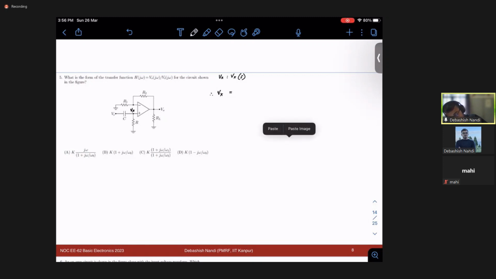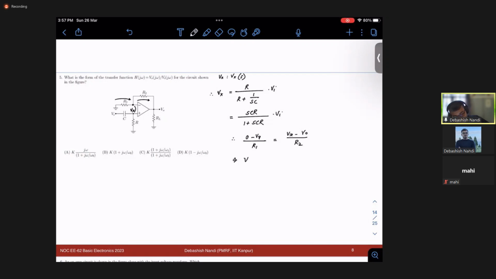So your Vx is nothing but R over R plus 1 by SC into Vi, right? So this is nothing but SCR over 1 plus SCR into Vi. The other input is virtual short, so it is 0. If I apply KCL at this node, 0 minus Vx by R1 is equal to Vx minus V0 by R2, right?